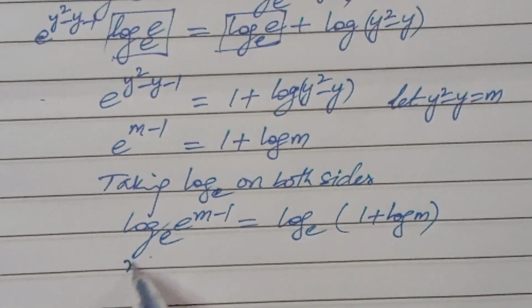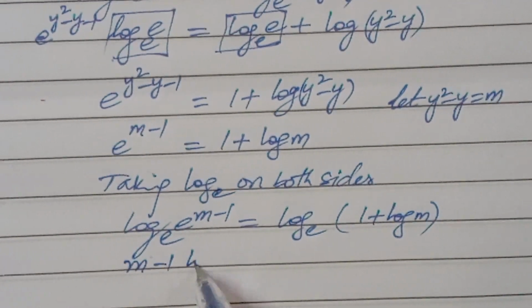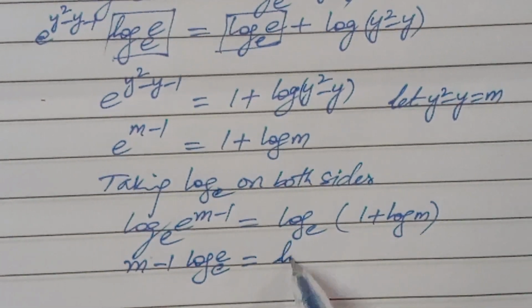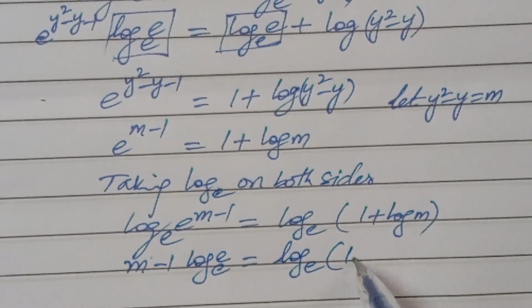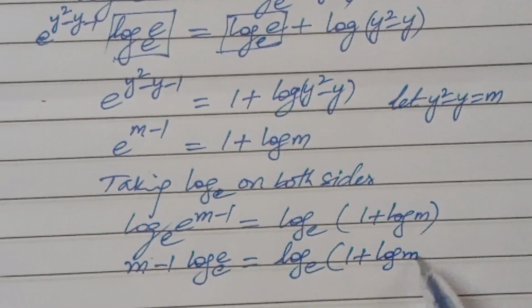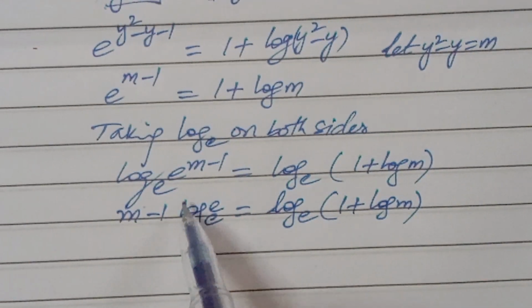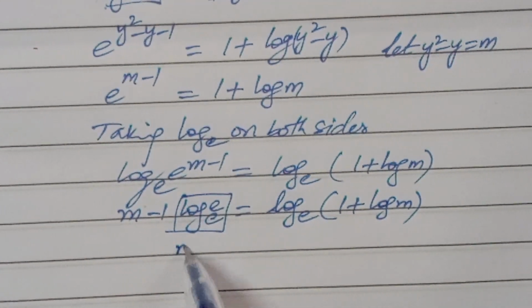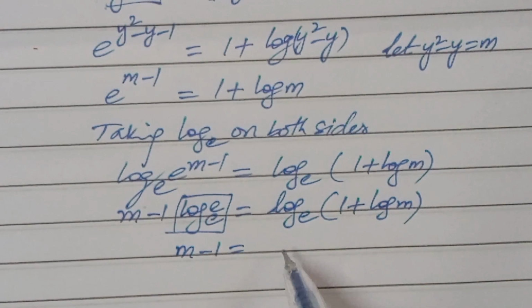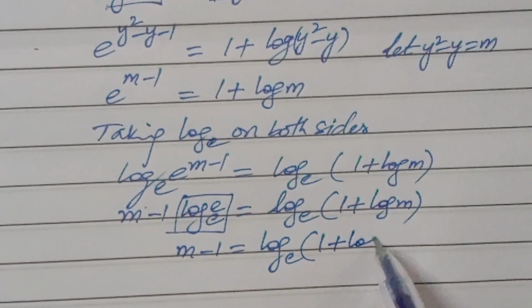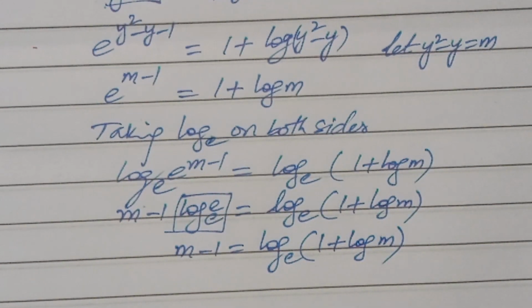So we will get m minus 1 log e base e is equal to log base e of 1 plus log m. This value is 1 now. So m minus 1 is equal to log of 1 plus log m.